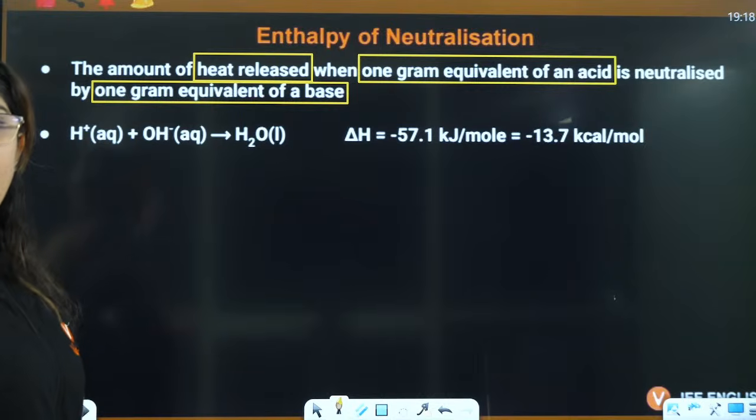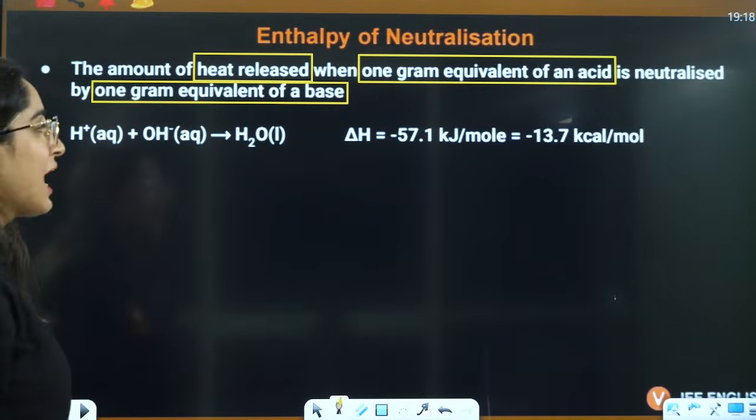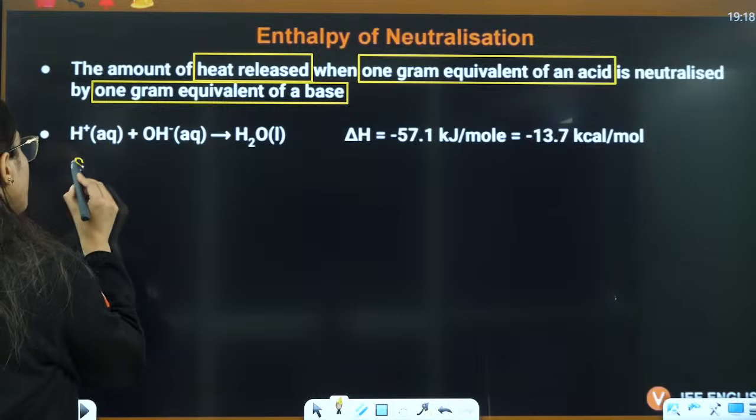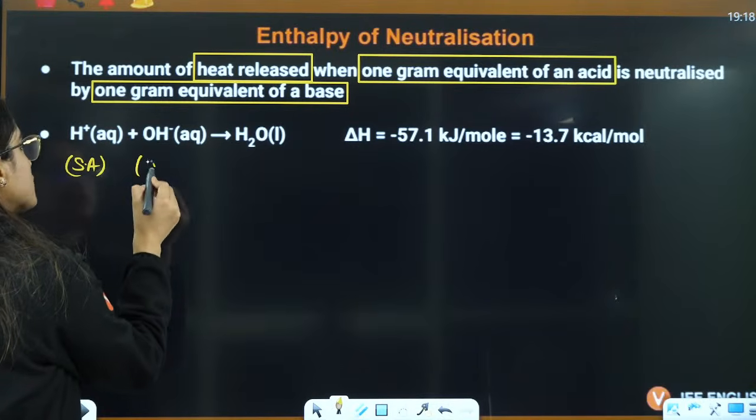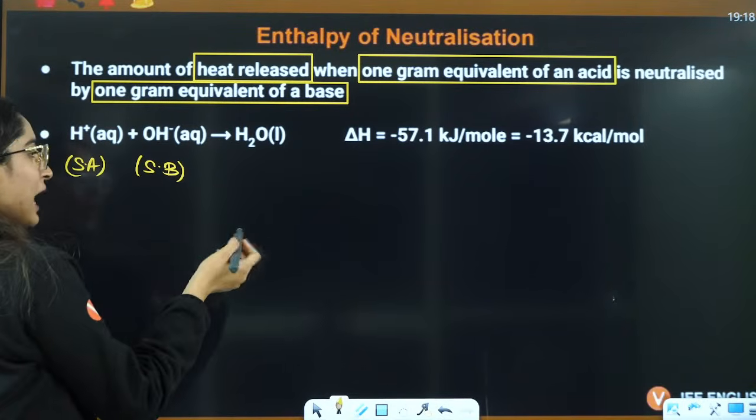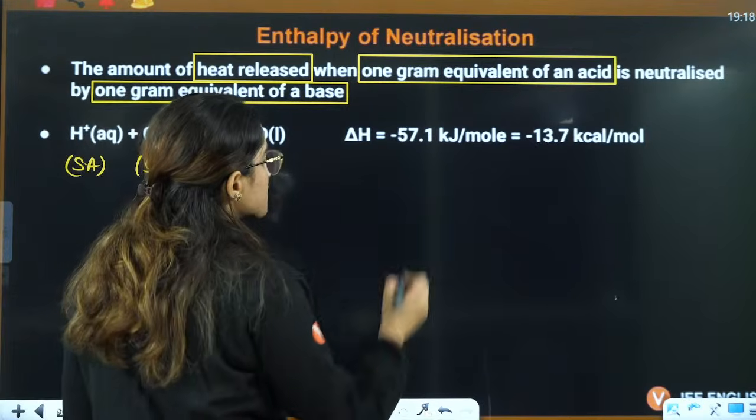heat energy of neutralization. And if I say you have a strong acid and a strong base, then at that condition, the heat released will be this much.